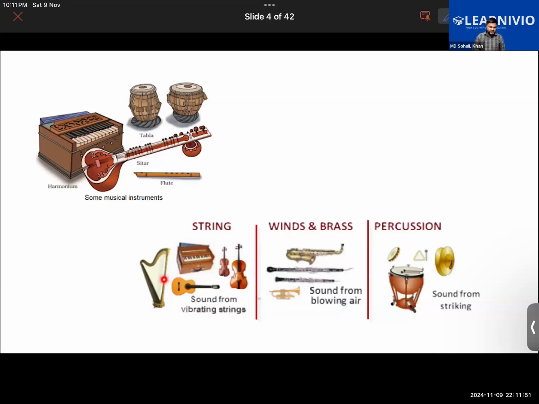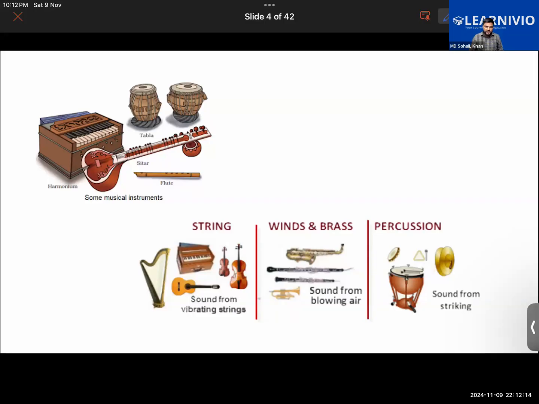Anyone knows the name of this instrument? I forgot the name of this one. Obviously, this is a string instrument. I think that's Veena. No, that is not Veena. I'm sure this one is not Veena.